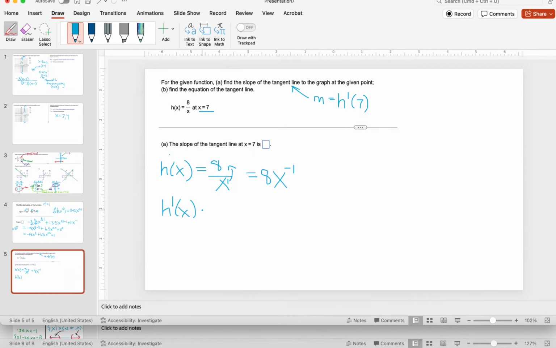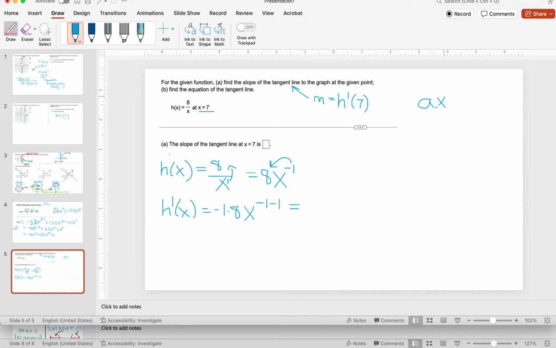H prime of x is the derivative, so we do that same power rule. So negative 1 times 8, I'm going to go ahead and write it out for right now, times x to the negative 1 minus 1. I have to subtract, right? Power rule.